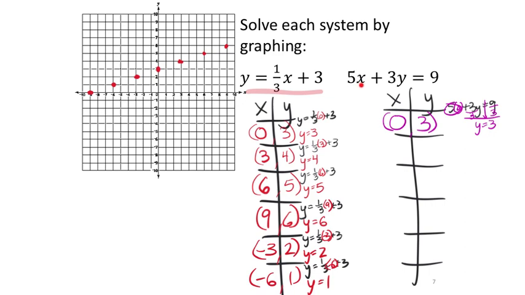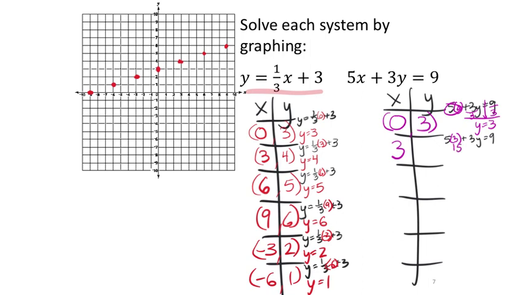Now, I'm choosing values of x, and then finding corresponding y values. So again, my input is x, my output is y. I'm going to use multiples of 3 because the coefficient of y is a 3. Let's see what happens if I replace the x with 3. That'd be 5x plus 3y equals 9, and then we're replacing the x with 3.